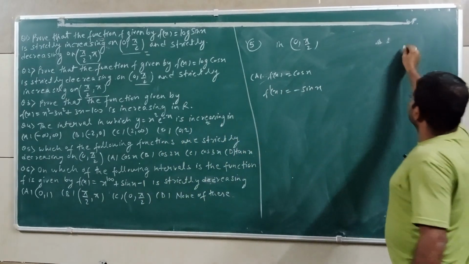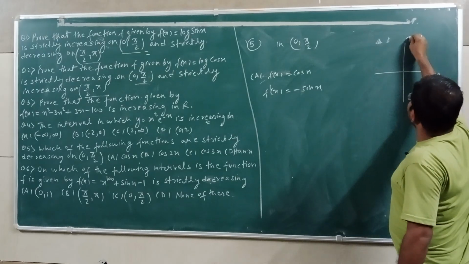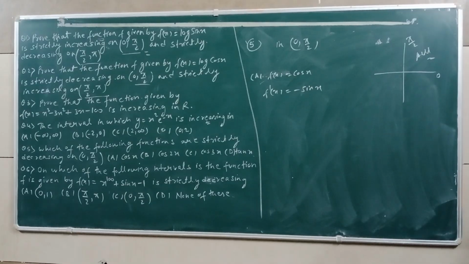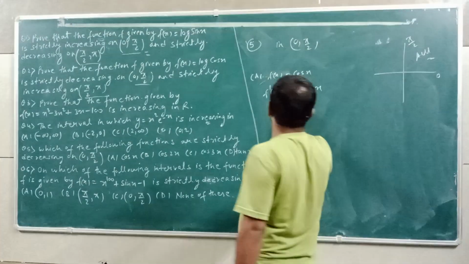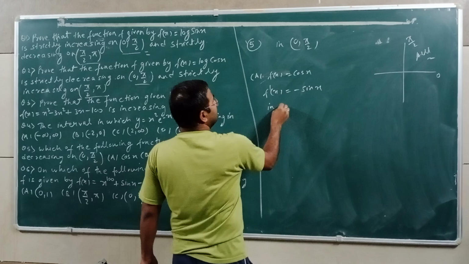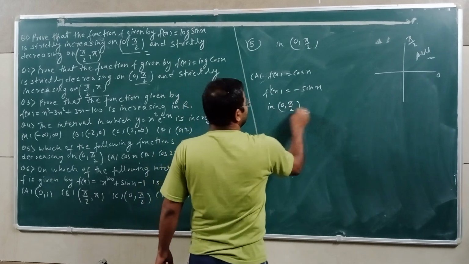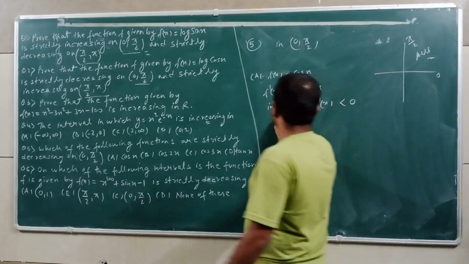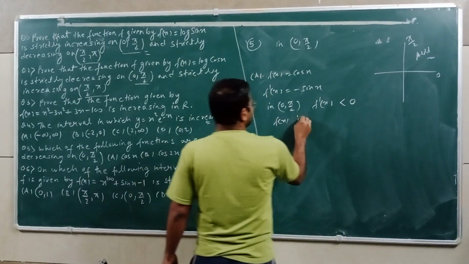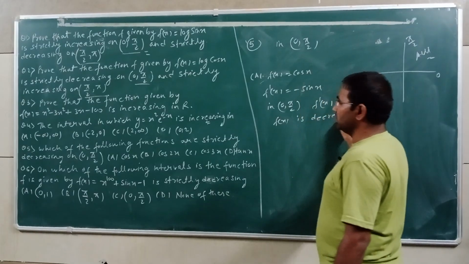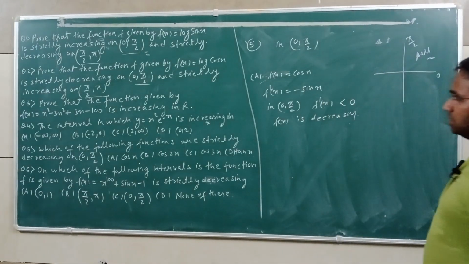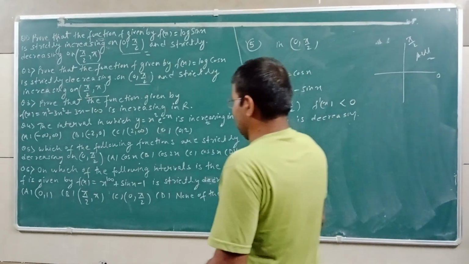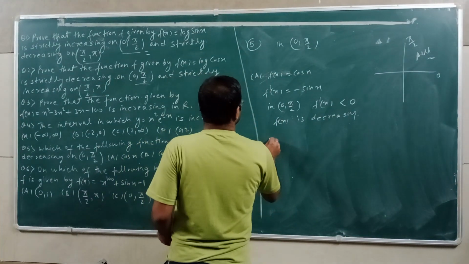Now see, in this quadrant 0 to pi upon 2 all are positive, but the negative sign indicates that in 0 to pi upon 2, f dash x is less than 0, means f x is decreasing.